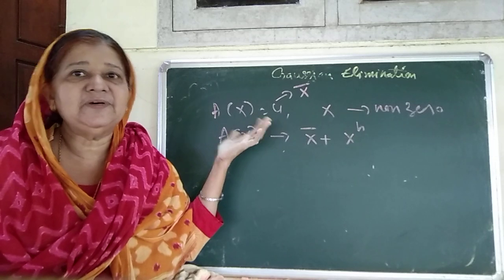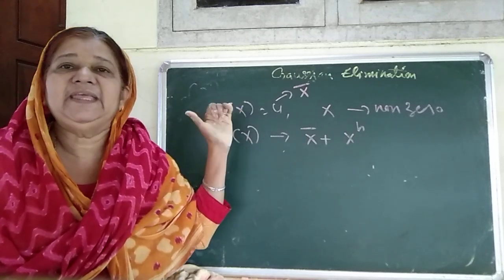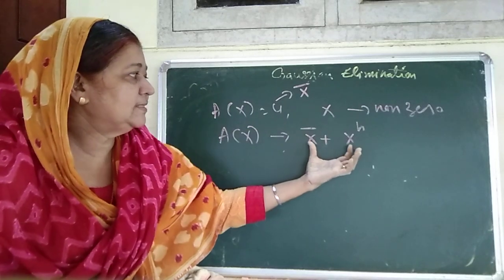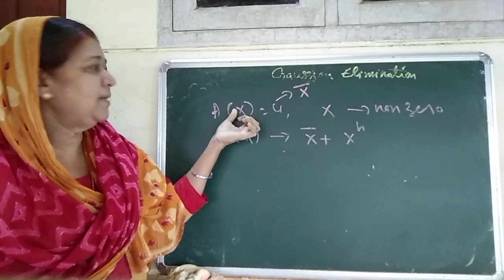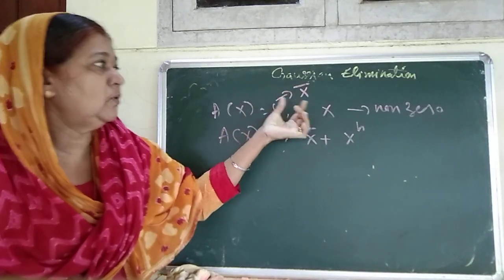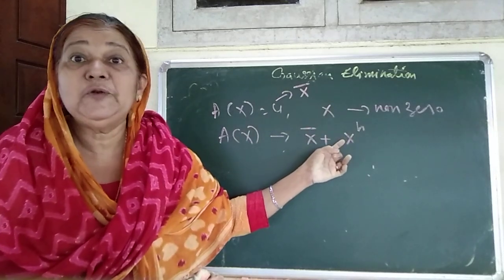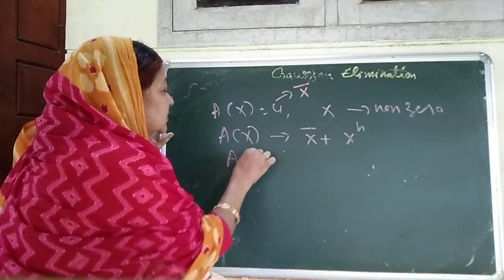If A has an inverse, it is a unique solution. If it fails to have an inverse, we can find a solution. What is that solution? x bar plus xh, where x bar is the particular solution of Ax equal to u, and xh is the non-trivial solution of Ax equal to 0.